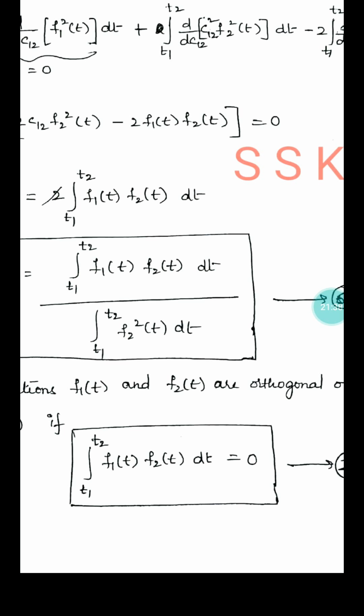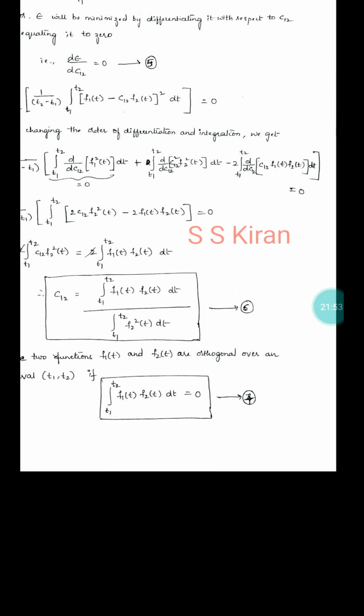Remember this formula for orthogonality of two functions, signals or systems: integral from t1 to t2 of f1(t) f2(t) dt equal to 0. Those systems are said to be orthogonal.